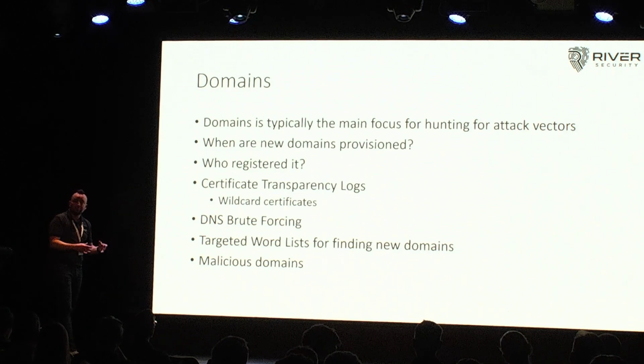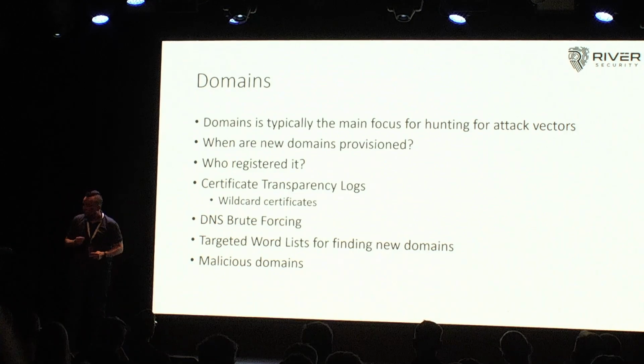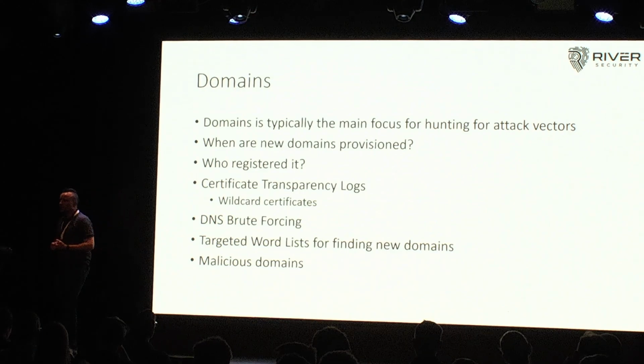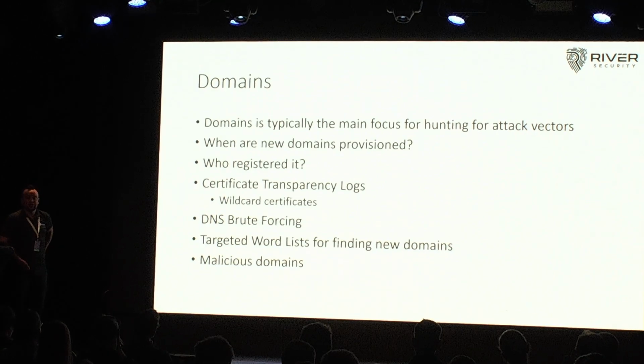If we can quickly get a hold of it and check out what's going on, we can make a difference. We can ask ourselves who registered it, and sometimes we see very funny things when we find phishing domains, like profanity in the emails and so on. But we have all kinds of information we can go look for.